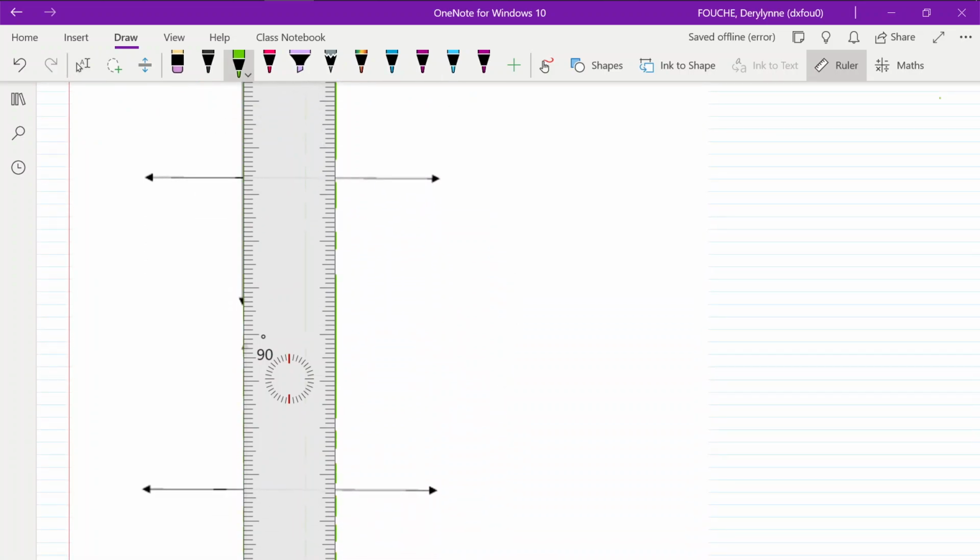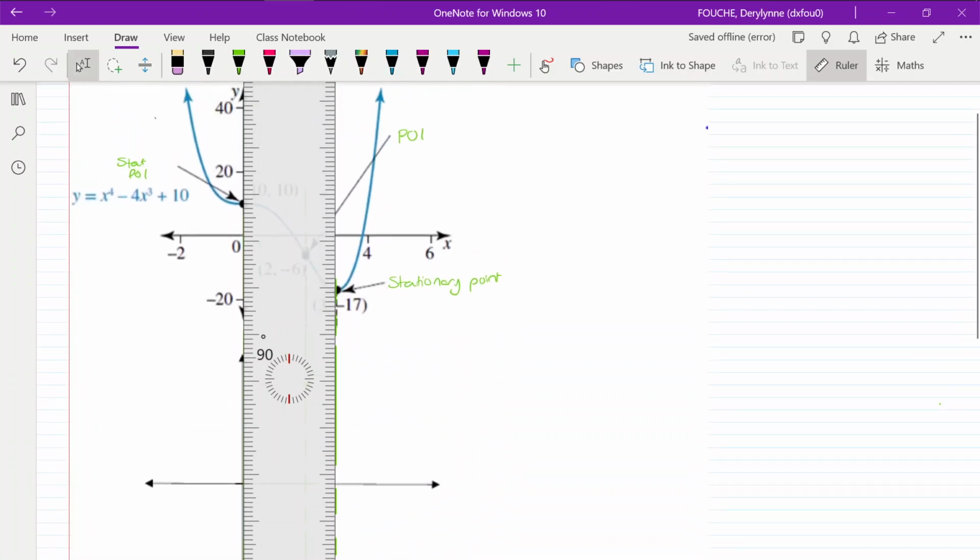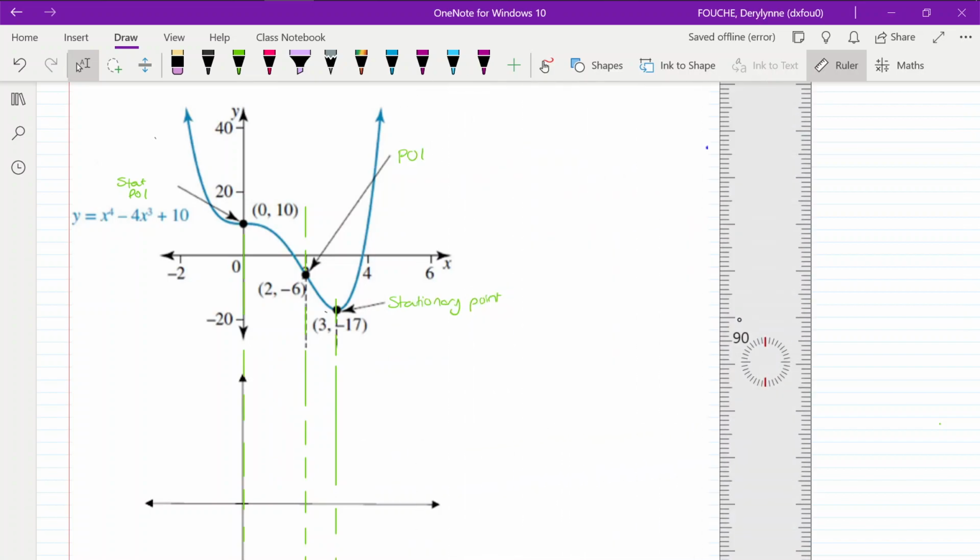And at the same time we can start thinking about what's happening, because we know this is our first derivative, our gradient function. Okay, so we know that at a stationary point of inflection our value of our gradient is 0. And at a stationary point our gradient is 0.